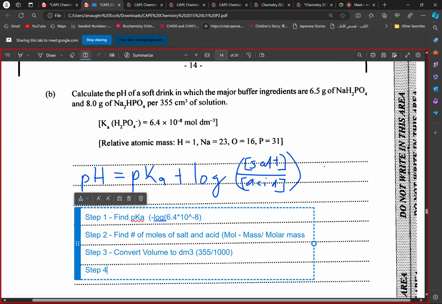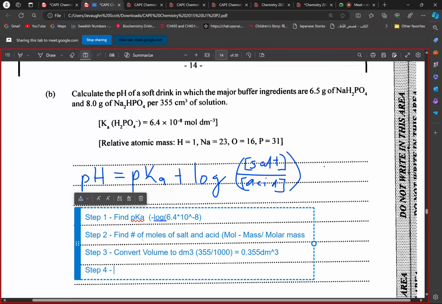What's the value that you get? Okay. 0.355 dm cubed.